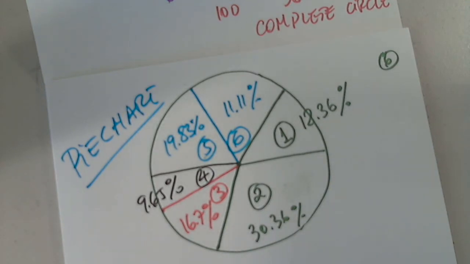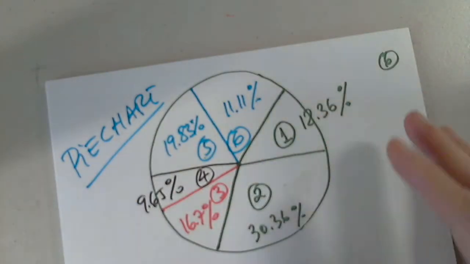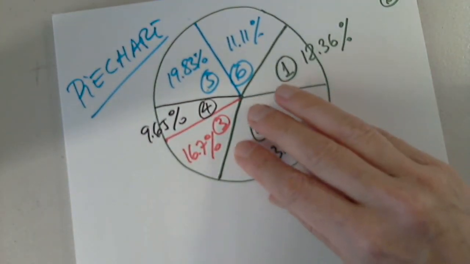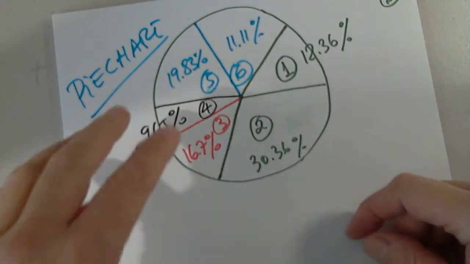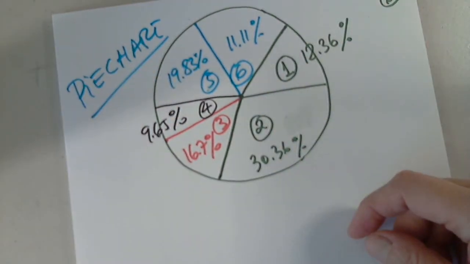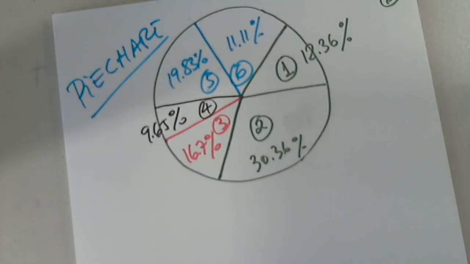Why is this interesting or nice? Because it's visual. It gives us a clear representation that this is the biggest category, and the rest will be the next in line, the 19%, etc. This is not a perfect graph.